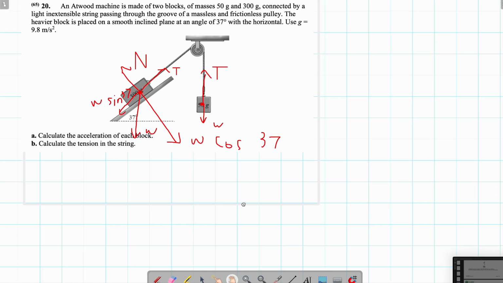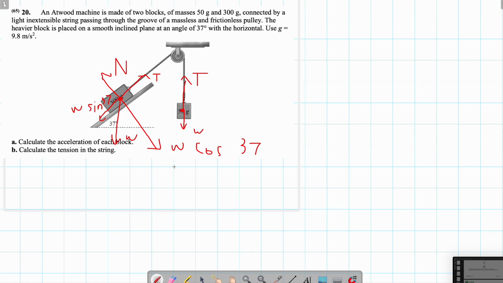Okay, first we need to find tension, so we can substitute it. Weight 2 doesn't matter. I'm just going to call it weight. So here, sigma Fy is equal to Ma, right? So tension minus the weight: T minus 0.05 times 9.8, which is 0.49, is equal to 0.05A.